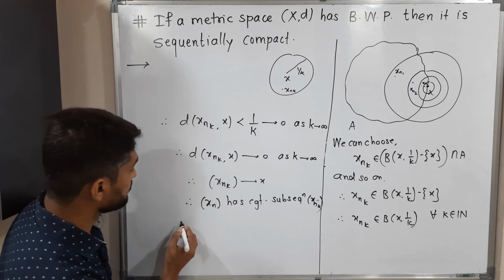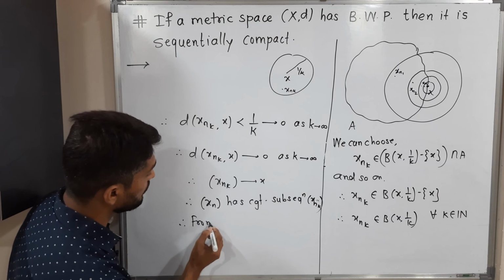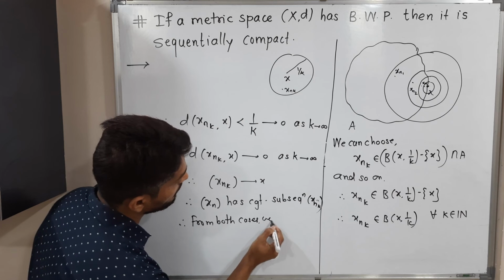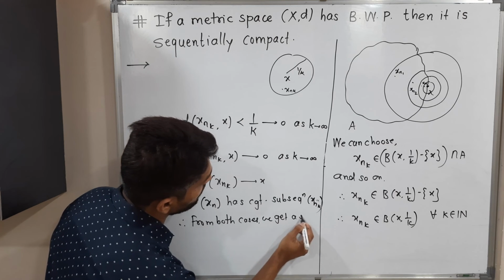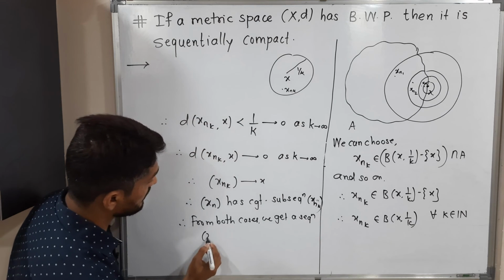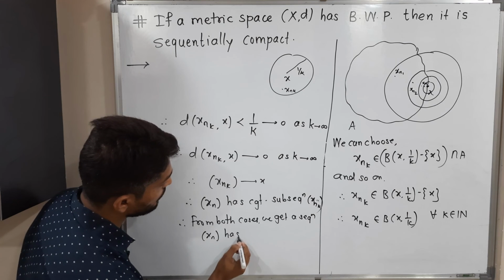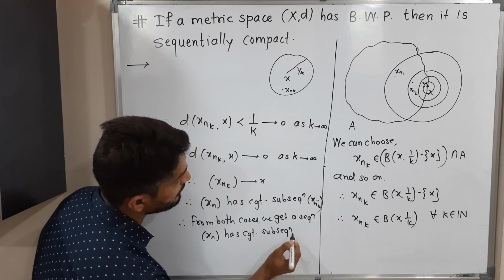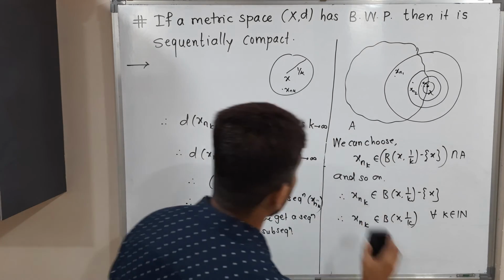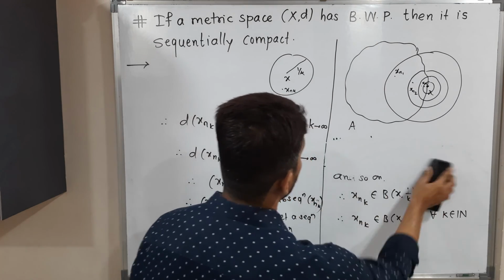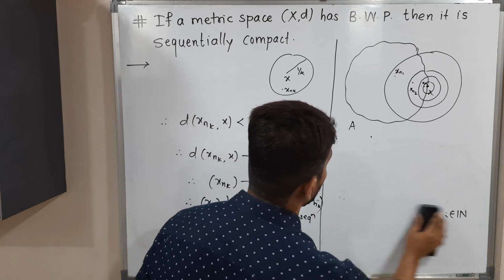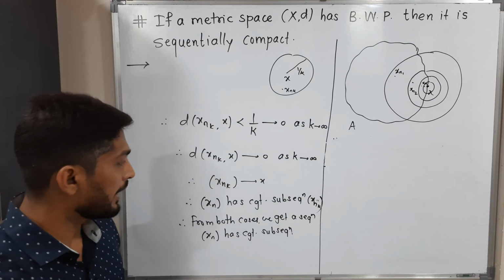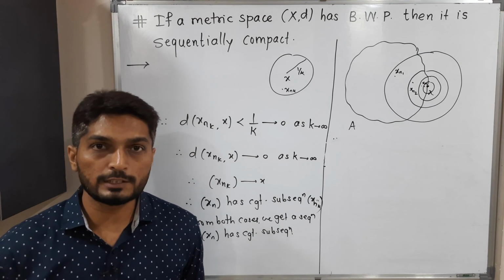That means in both cases we got a convergent subsequence for the sequence xn. So therefore from both cases we get that the sequence xn has a convergent subsequence. So we took one arbitrary sequence xn, and in both cases we proved it has a convergent subsequence.